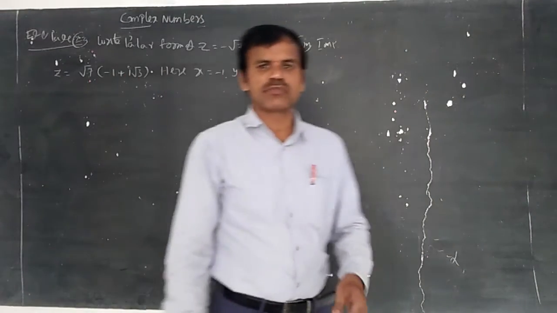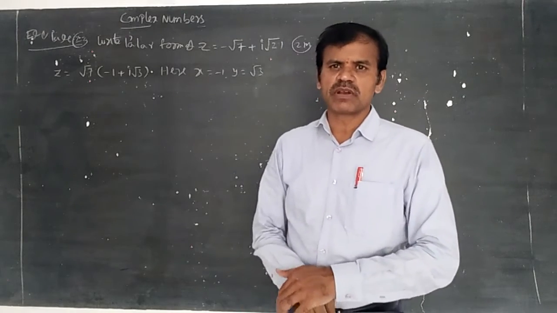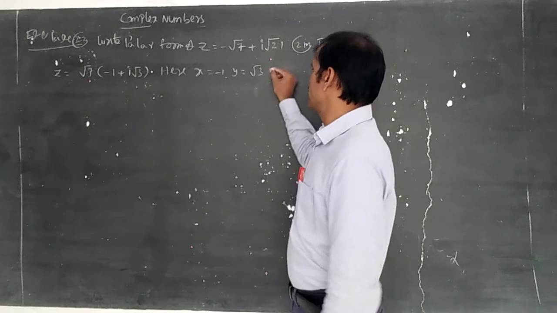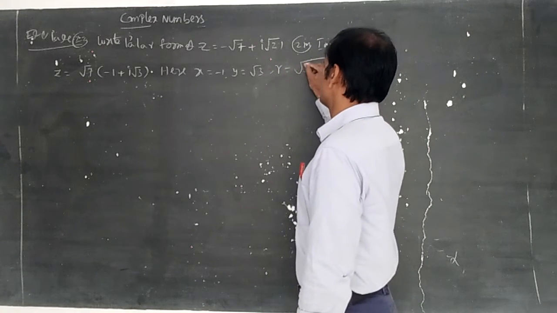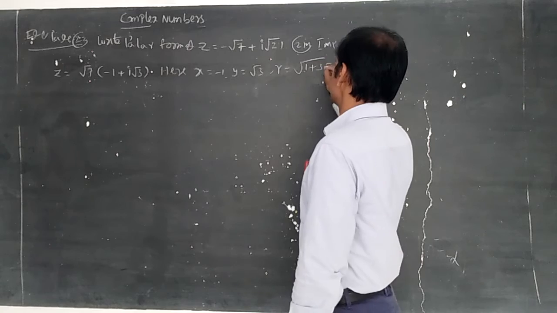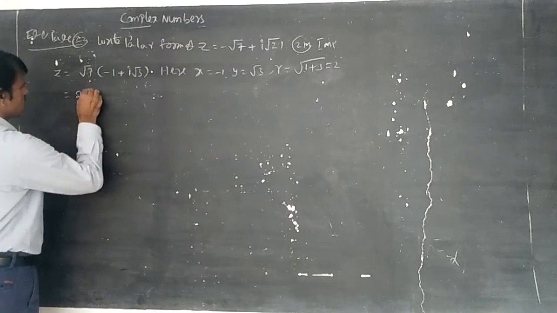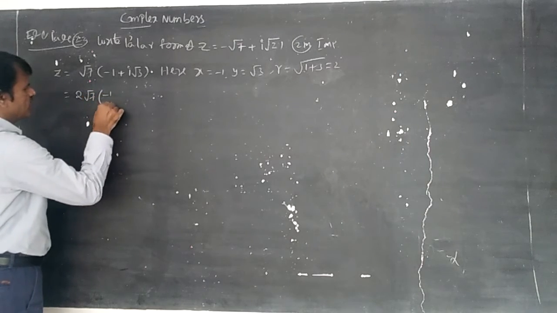By the previous sum you can understand that r into cos theta plus i sin theta is the modulus amplitude form, where r is equal to root of x square plus y square. So root of 1 plus 3 is equal to 2.